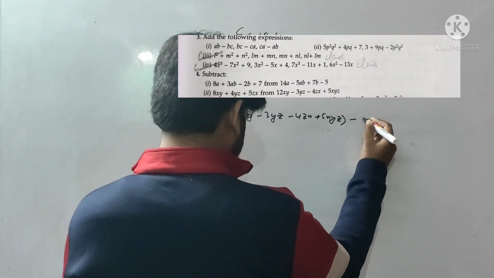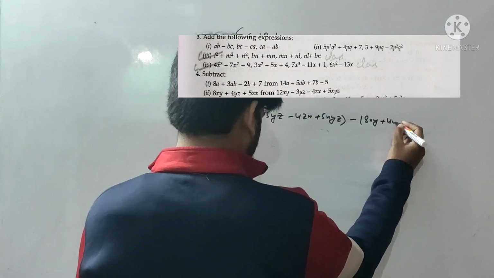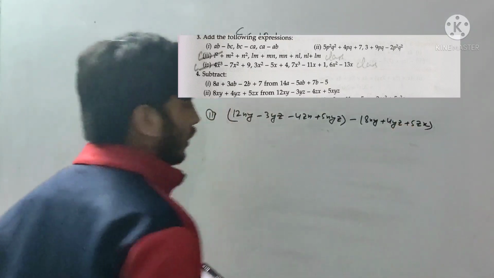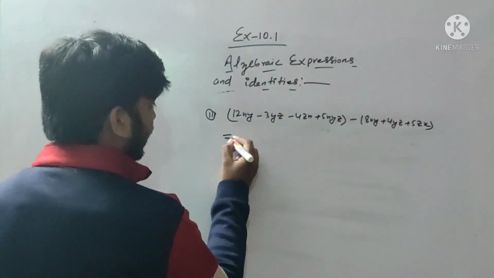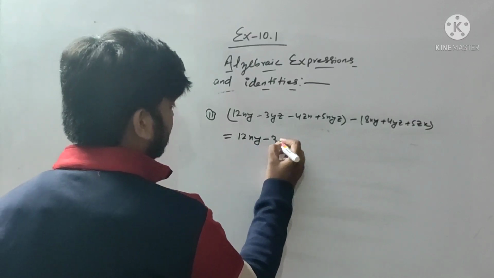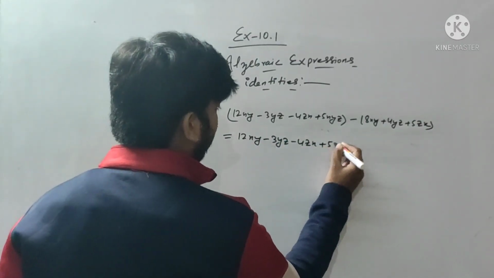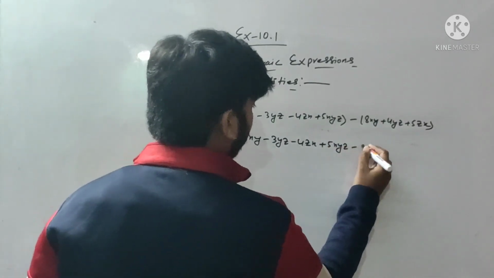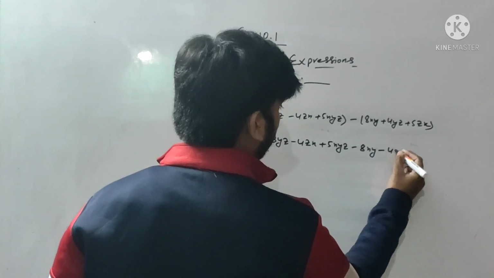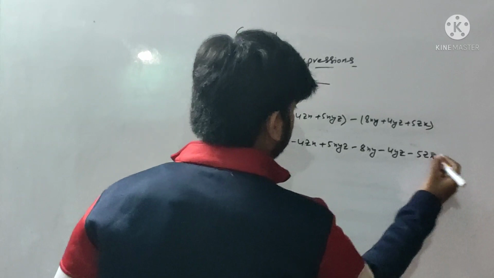Here minus 8xy plus 4yz plus 5zx. Okay, where here we need to remove the bracket first. 12xy minus 3yz minus 4zx plus 5xyz minus 8xy. This will be minus plus minus 4yz, and here minus plus minus 5zx.